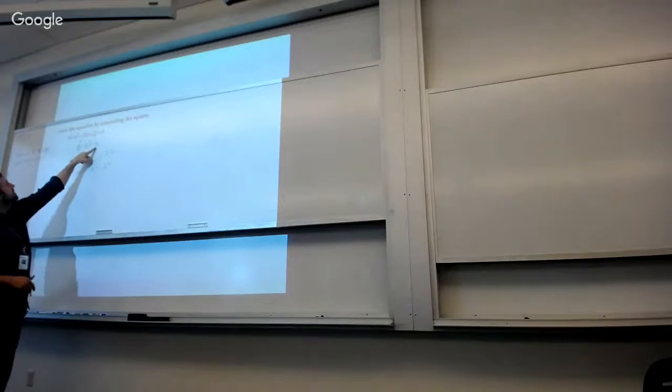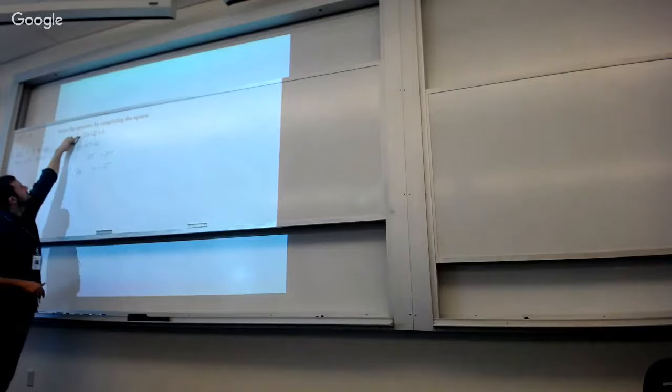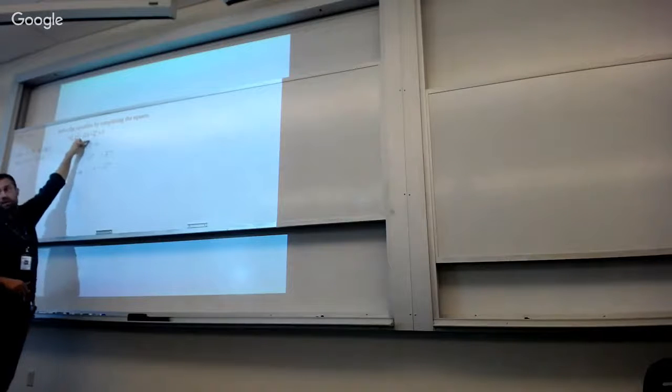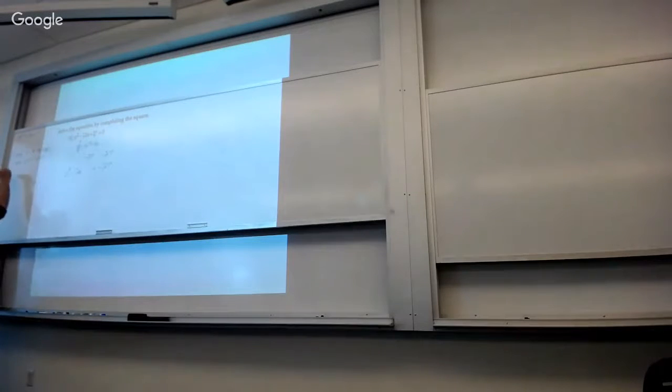I'm going to add 36 to both sides, right? And just to be formulaic about it, what is the number 36? The number 36 is b divided by 2 squared, right? So I'm going to write that down. I'm going to say add b over 2 squared to both sides.